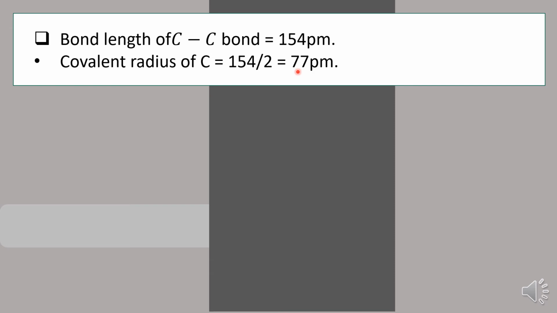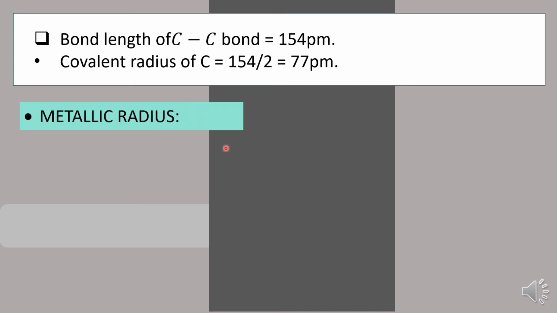Metal atoms do not form covalent bonds between themselves. So how can we express metallic radius between metal atoms? Inside a metallic lattice we have close metal atoms, also called adjacent atoms.